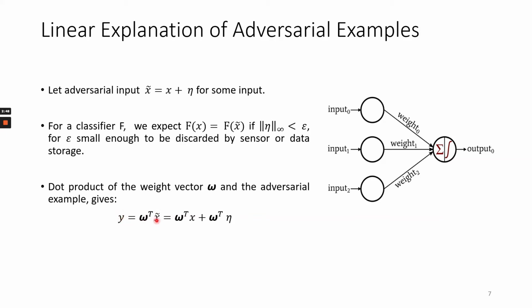Now, if we replace x tilde with the expression that we saw originally, we will have this equation that you see over here, where the weight vector is multiplied with the original input as well as the perturbation. In this case, the activation of this model is given by the matrix multiplication of the weight vector transposed with the perturbation.